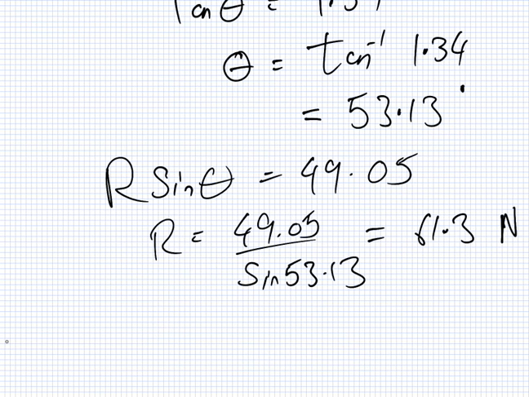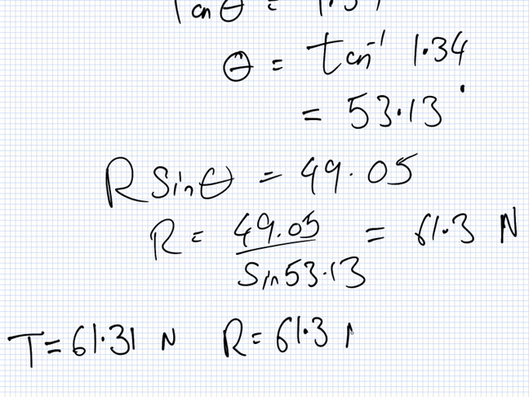So I have my answers. What was my answer for tension earlier? What did I get for tension? 61.31. Yeah, okay, newtons. My R is 61.3 newtons, and my theta was 53.13 degrees.